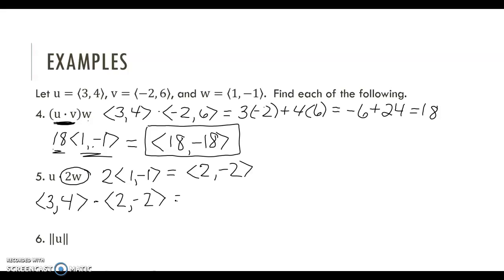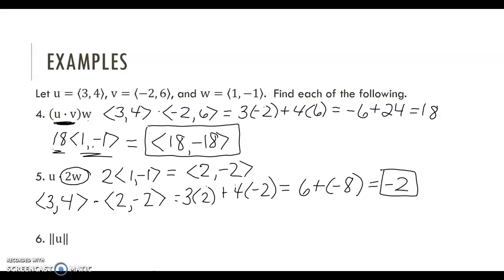So 3 times 2 plus 4 times negative 2 gives me 6 plus negative 8, which gives me a scalar answer of negative 2. Since I did the dot product as my last operation, I get a scalar answer, okay?